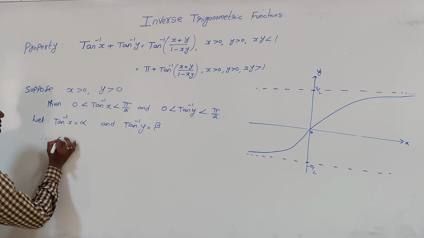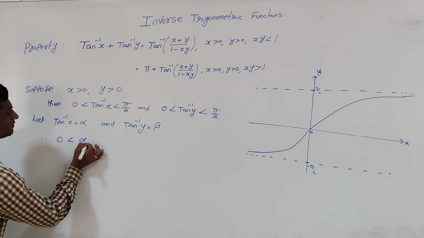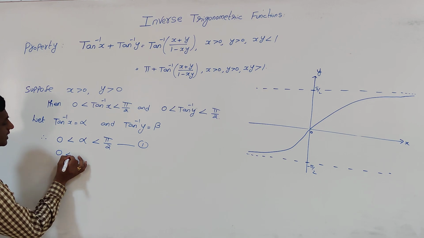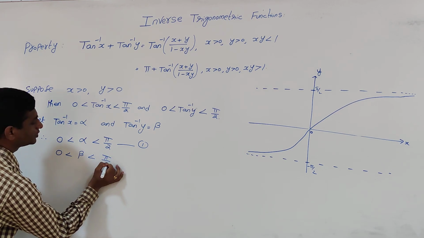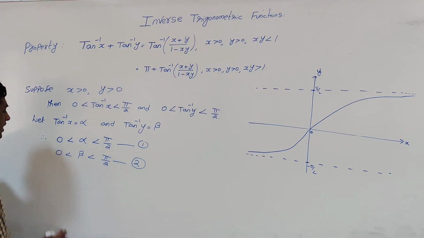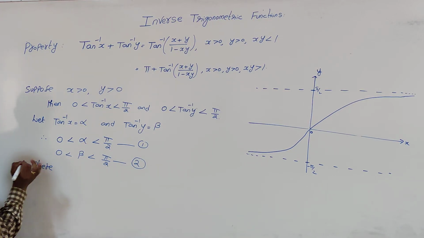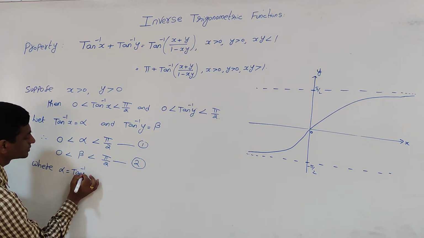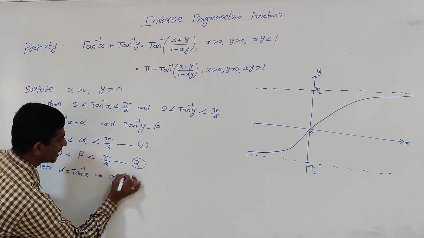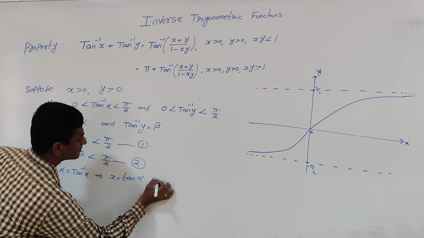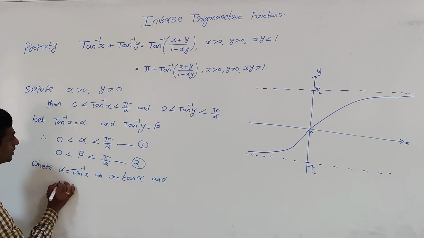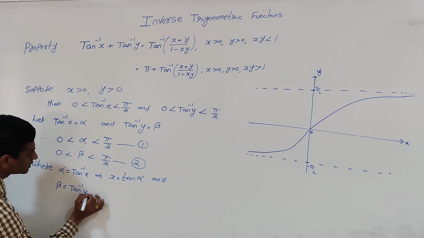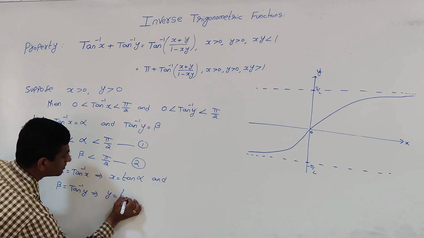So therefore 0 less than alpha less than pi by 2, assume that it is 1, and 0 less than beta less than pi by 2 is 2, where alpha is equal to tan inverse of x implies x is equal to tan alpha, and beta is equal to tan inverse of y implies y is equal to tan beta.